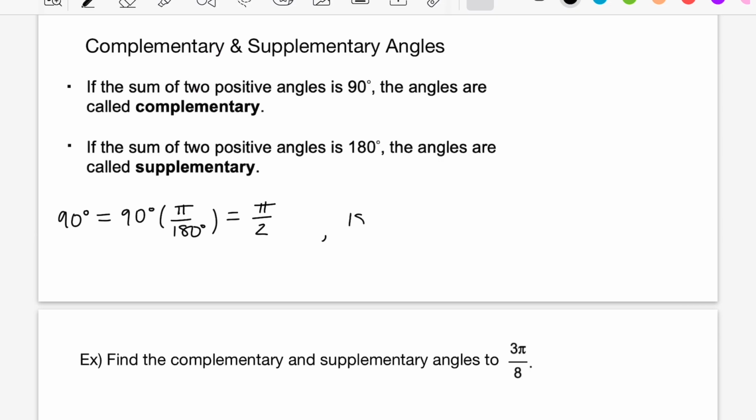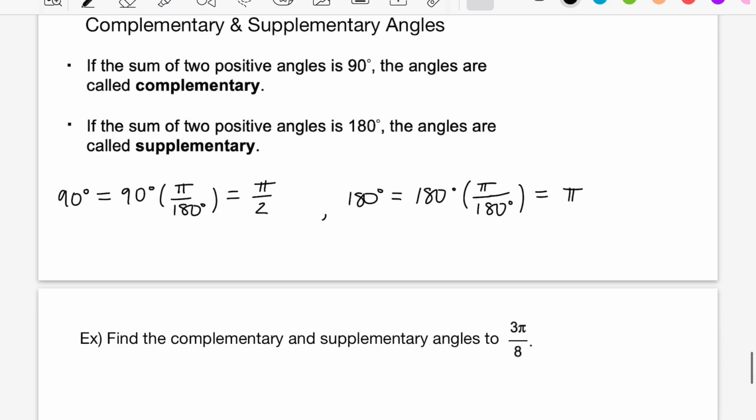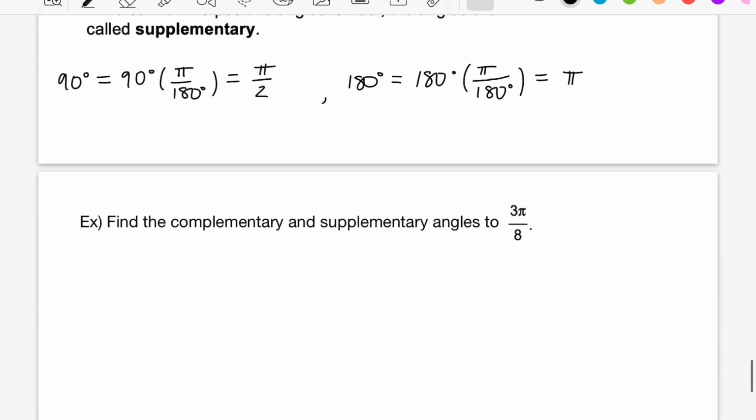Similarly, for our supplementary angles, if the sum of two positive angles is 180, that's the same as saying the sum of these two positive angles is equal to pi here. All right, so going back to this example here, we'll first find the complementary angles.